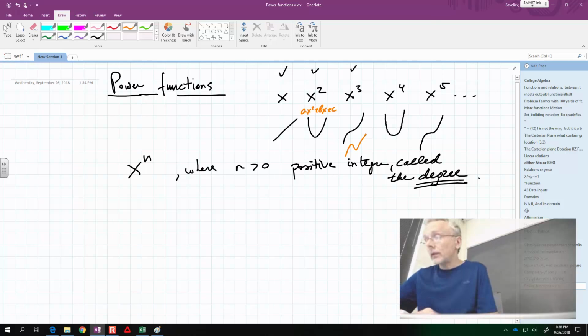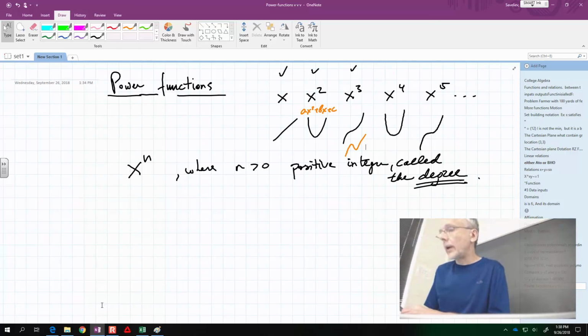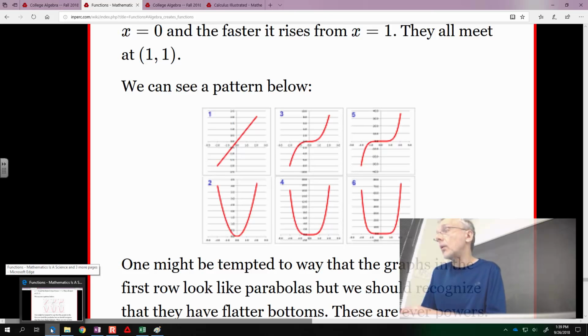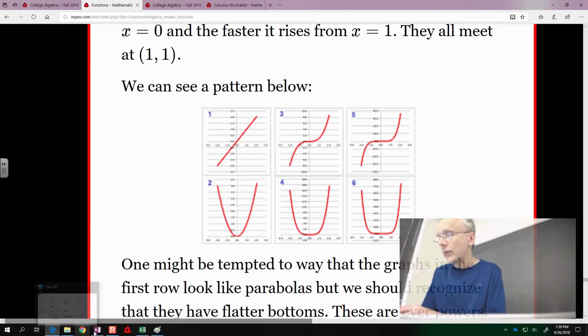So one of the very nice patterns is the symmetry. The symmetries, as well as the flatness of the bottom or speed of the growth, tell you one power from the other.